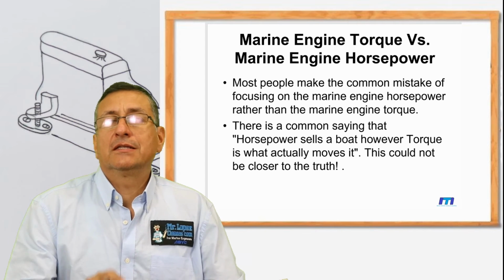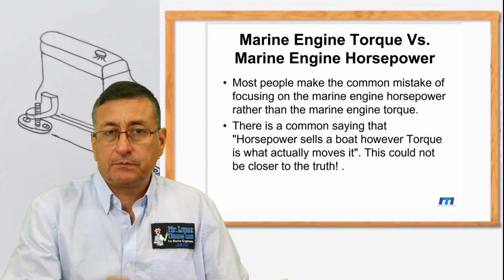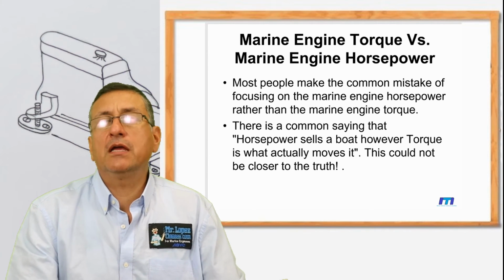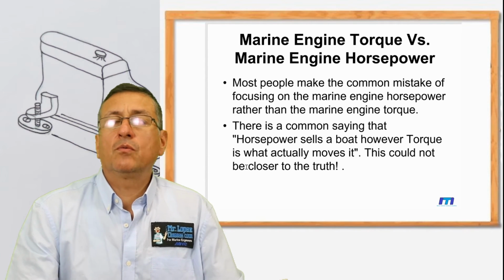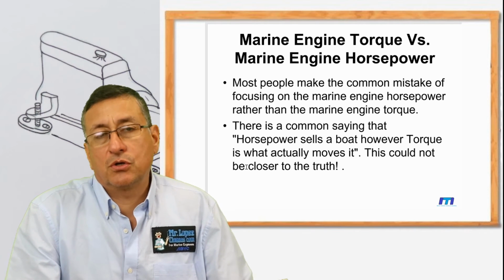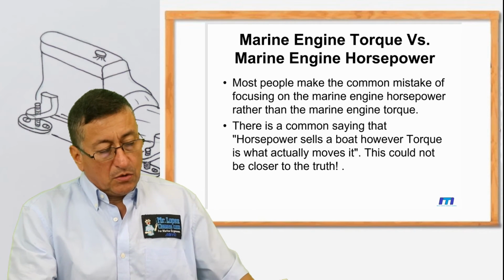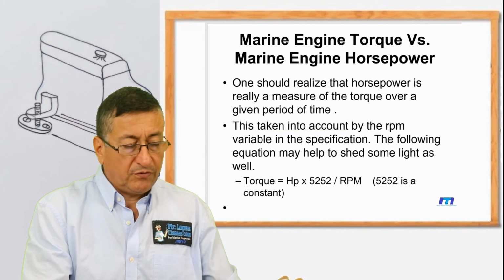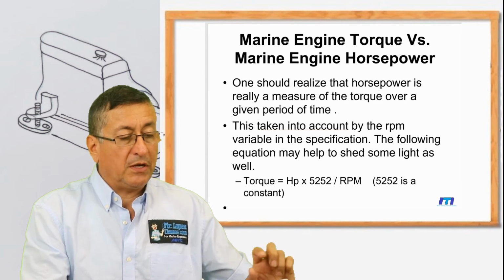The torque is directly related with the thrust, okay? For that reason, all the time we are going to refer our concepts and calculations to the torque, not to the horsepower. Okay, my friends, and don't forget the magic formula, 5252 divided by the engine RPMs.